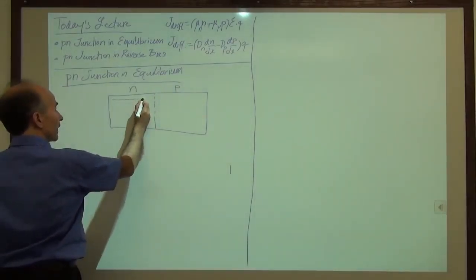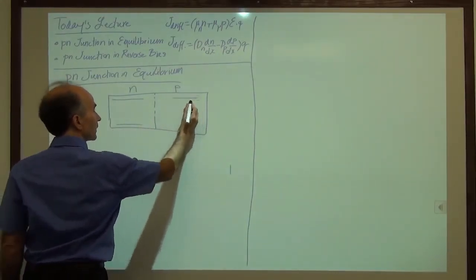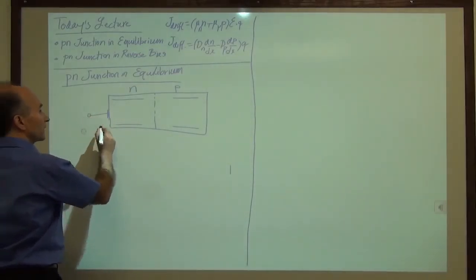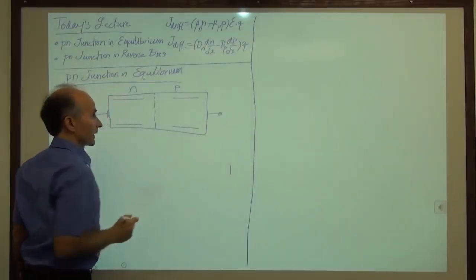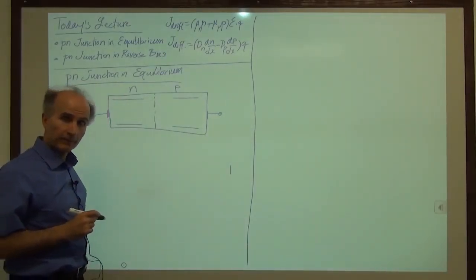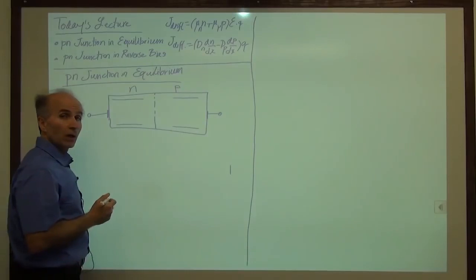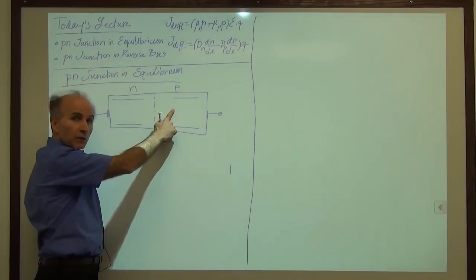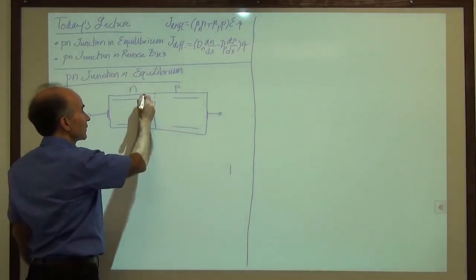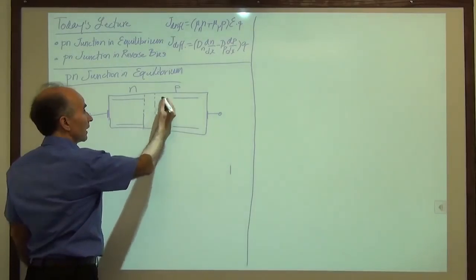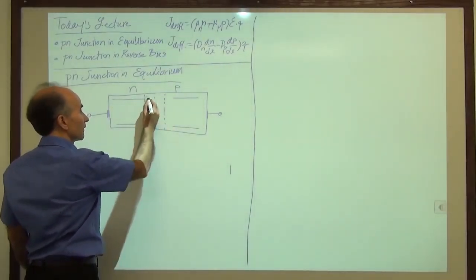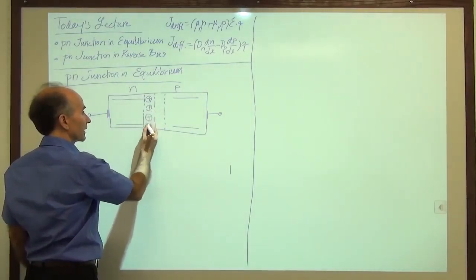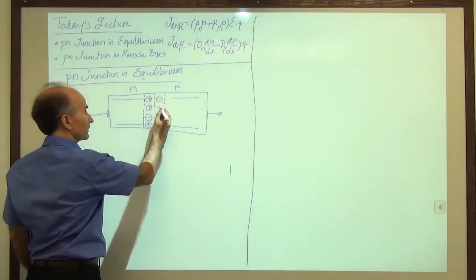And we have densities, as I showed you before, for electrons and holes. And now we have left these two terminals open. Nothing is connected from the outside world, and the device is in equilibrium. So as a result of a departure of electrons from the left and the holes from the right, we developed a depletion region here. So there's a depletion region in this vicinity consisting of positive ions on the left and negative ions on the right.